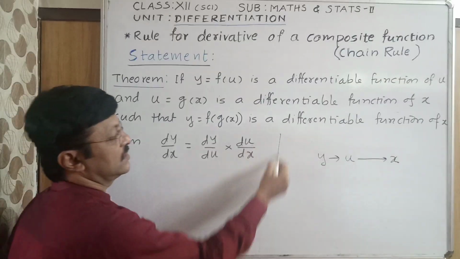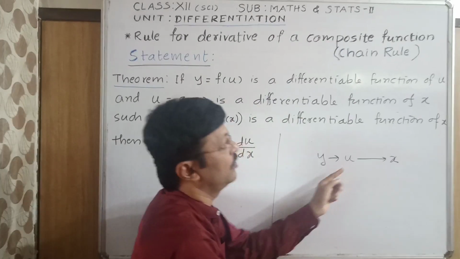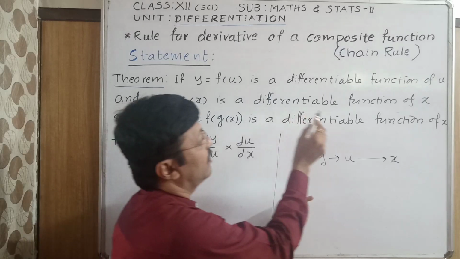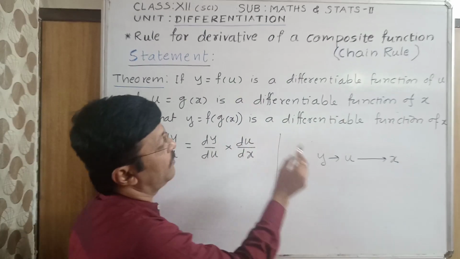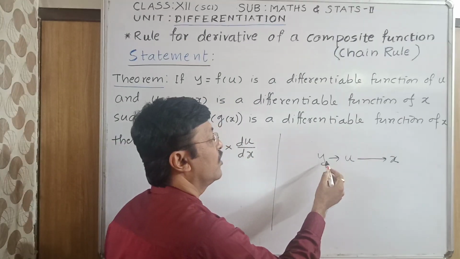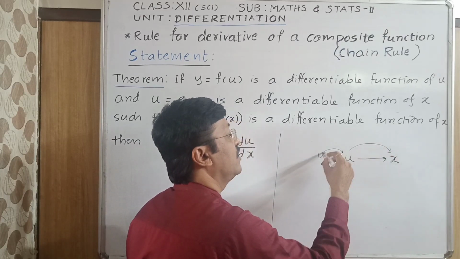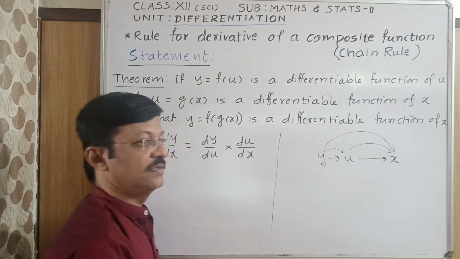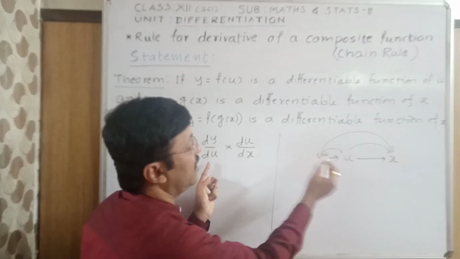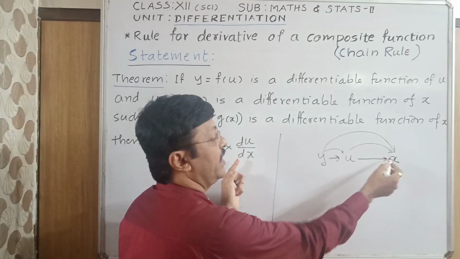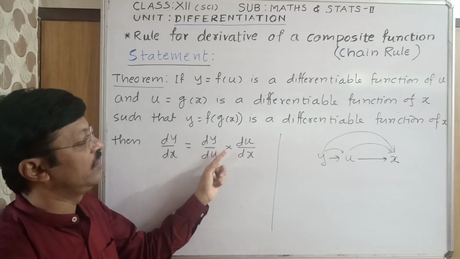So again, y is a differentiable function of u, and u is a differentiable function of x, then y is a differentiable function of x, and its derivative dy by dx is written as dy by du into du by dx. So the rule is dy by dx is equal to dy by du into du by dx.